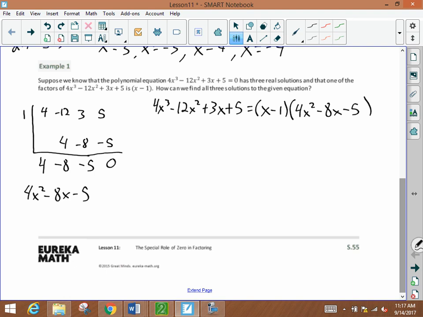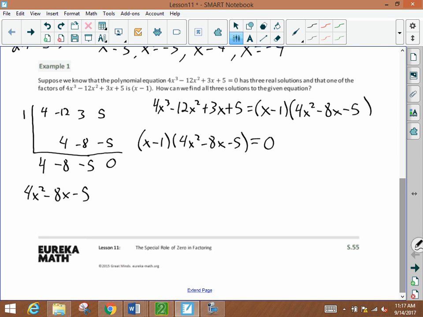So I'm going to go ahead and put this back into our equation here. So we have 4x cubed minus 12x squared plus 3x plus 5, which is x minus 1 times 4x squared minus 8x minus 5 equals 0, right?